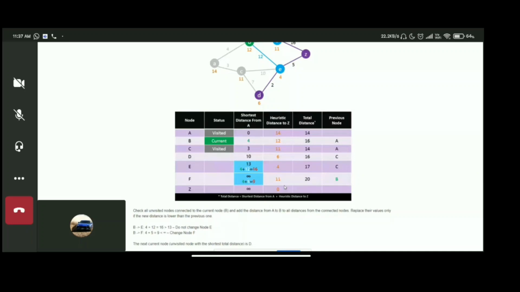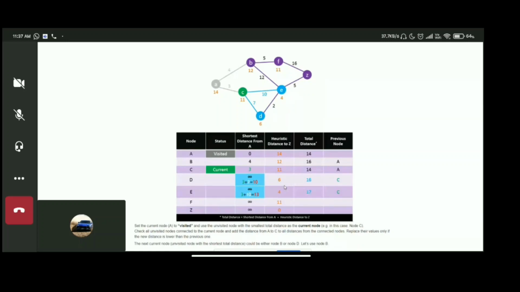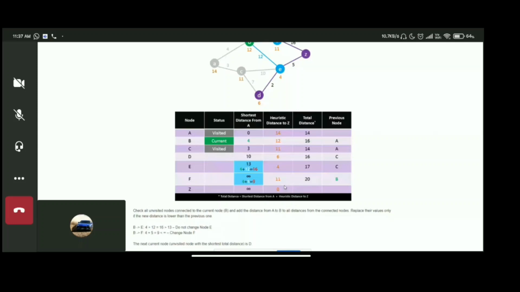Why are we not considering the cost? Because previously when we calculated the path ACE, it was costing me 13. Now if I consider this path ABE, what is it costing me? 12 plus 4, it is costing me 16. So I will obviously discard this path.